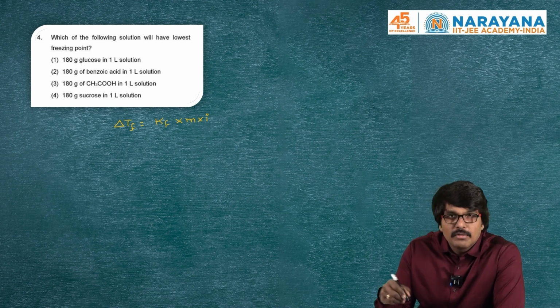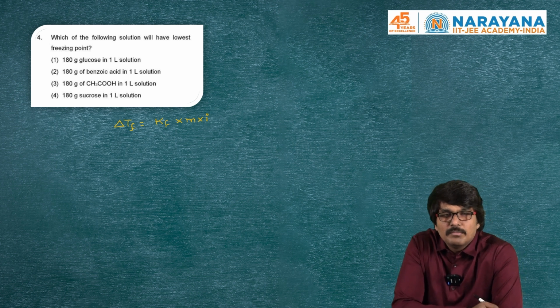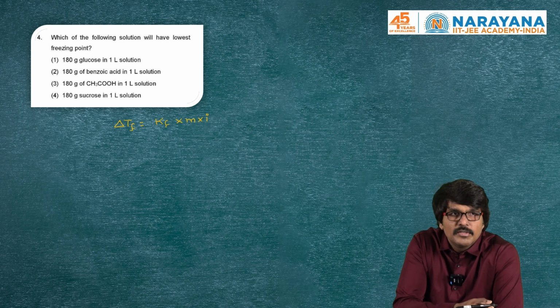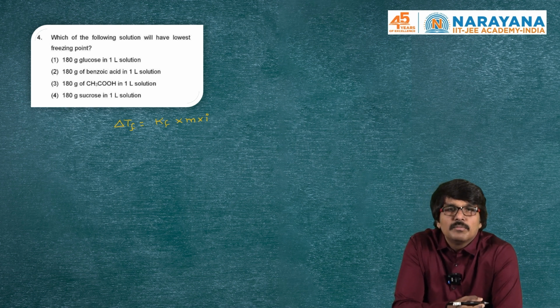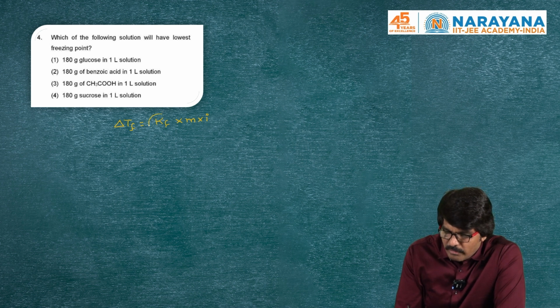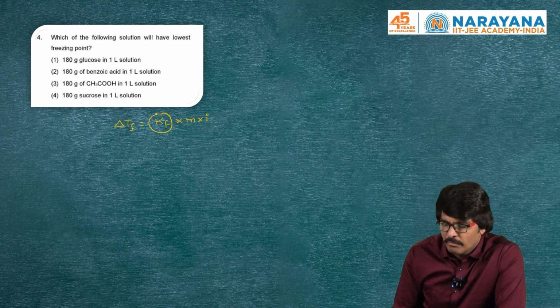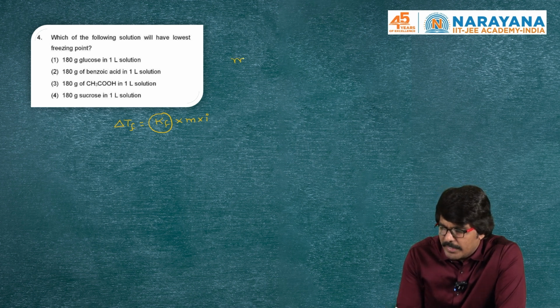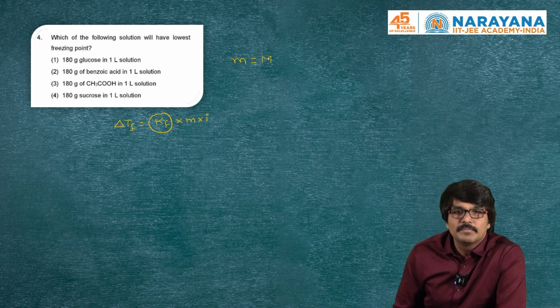Due to the addition of a non-volatile solute, the freezing point of the solvent will decrease. That means the resulting solution's freezing point will be less. In this situation, the solvent is water, so obviously Kf is the same in all cases. For dilute solutions, we can take molality as almost equal to molarity.